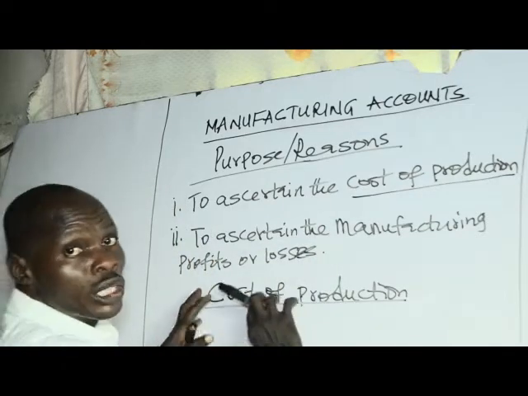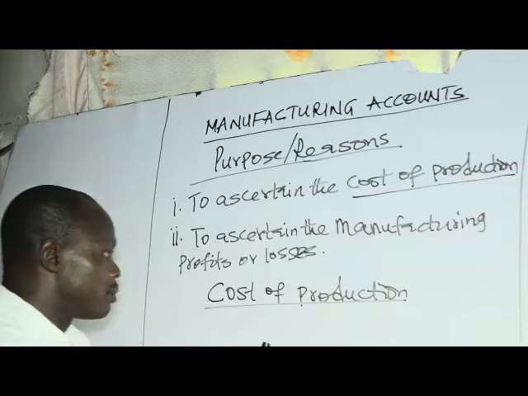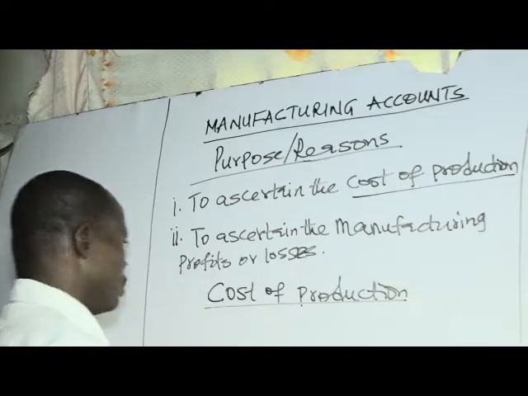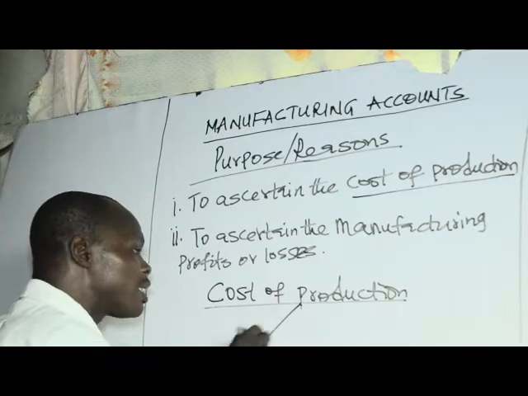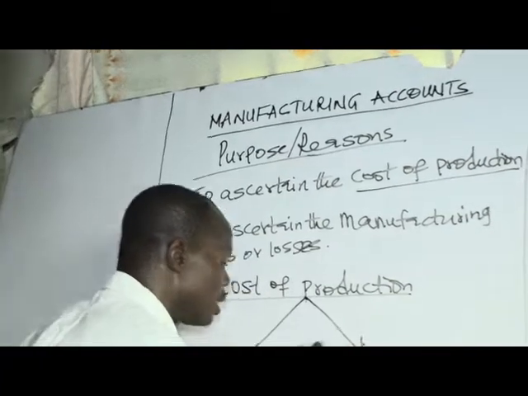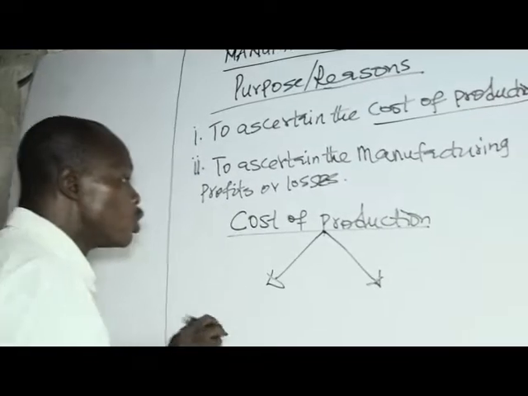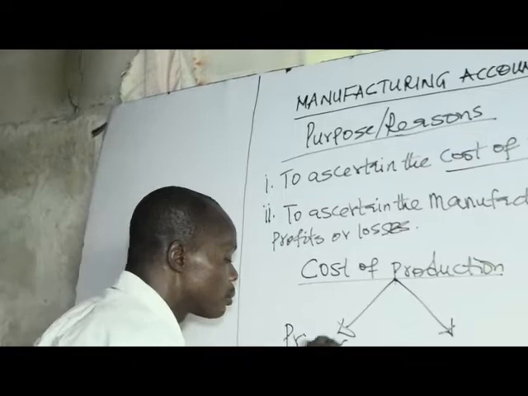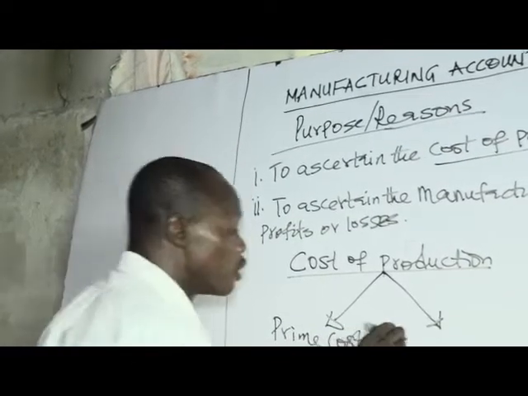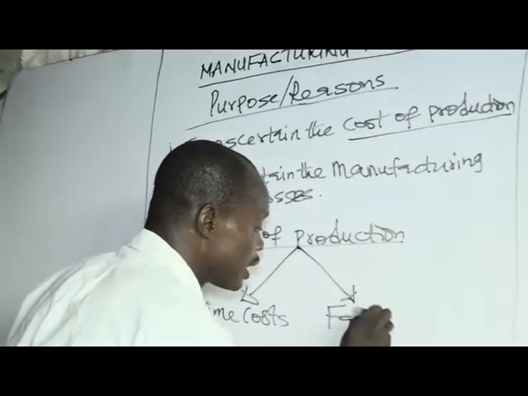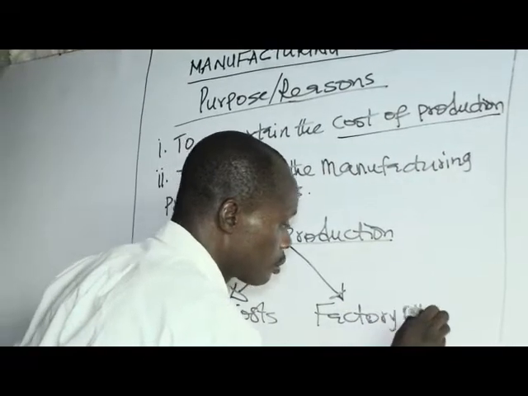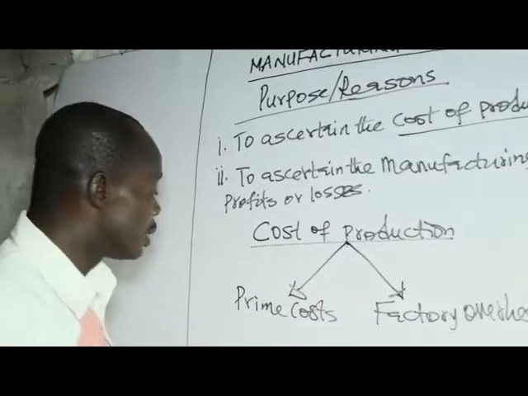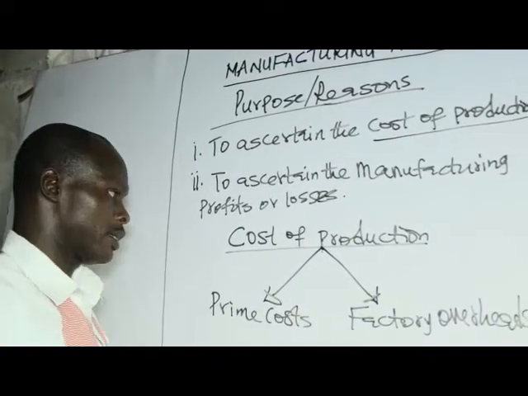The cost of production has two elements. Number one, prime cost. Number two, factory overheads. Prime cost and the factory overheads.